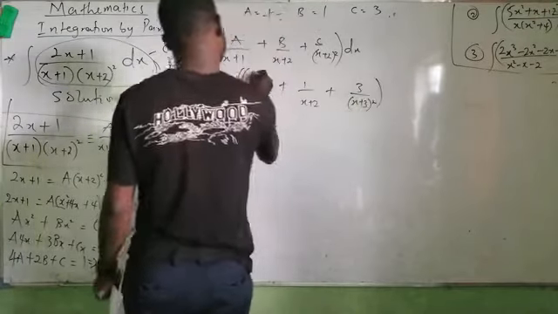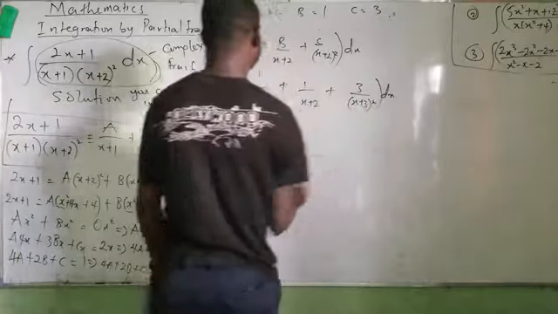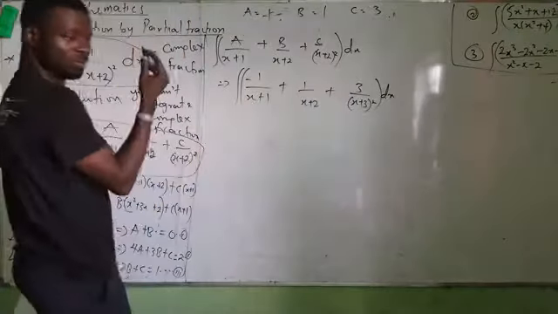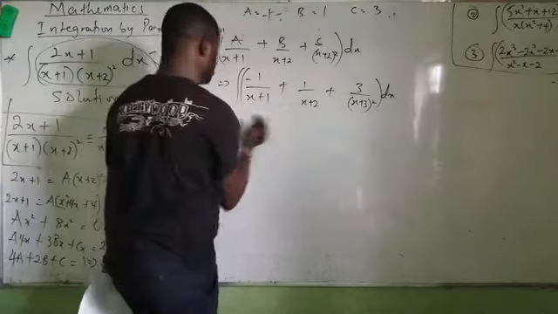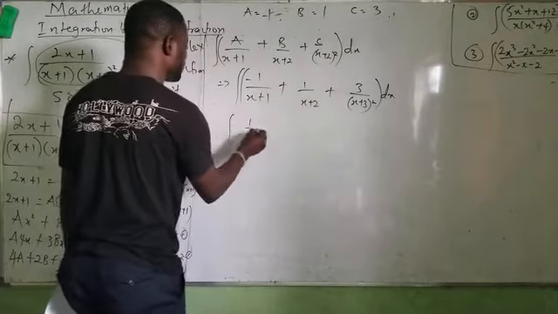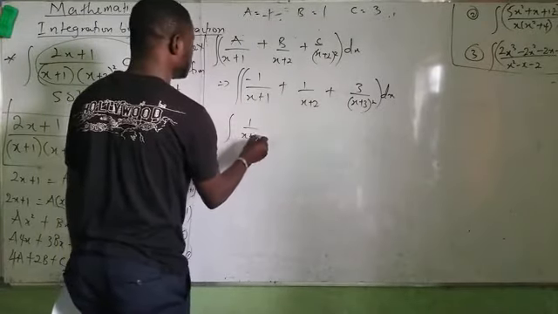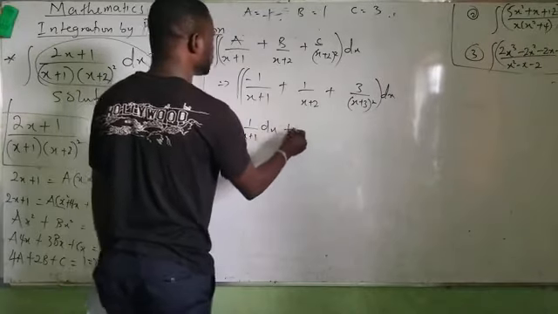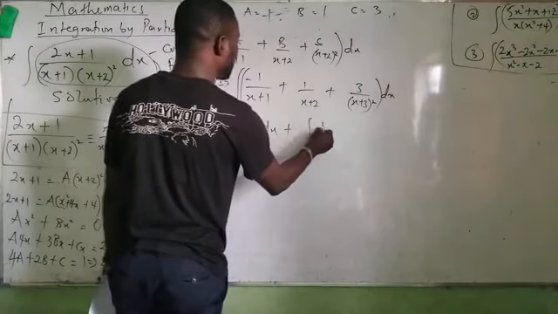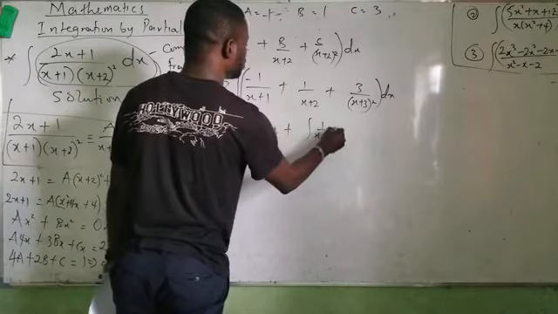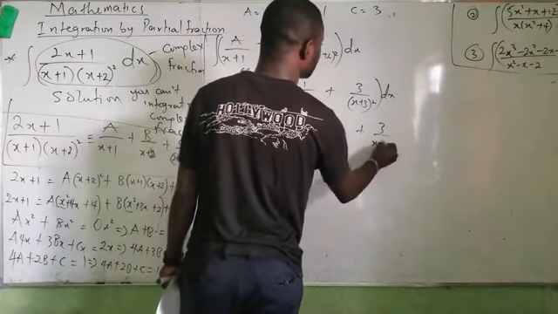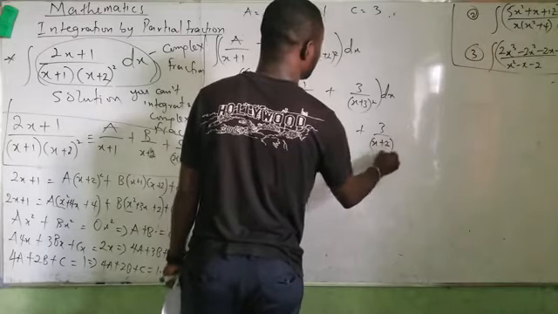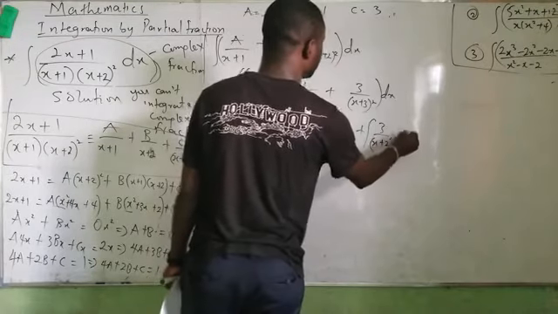Now, with respect to x. By the property of integration, which I've explained, I can say that the integral of minus 1 all over x plus 1 dx, plus the integral of 1 all over x plus 2 dx, plus the integral of 3 all over x plus 2 squared with respect to x.